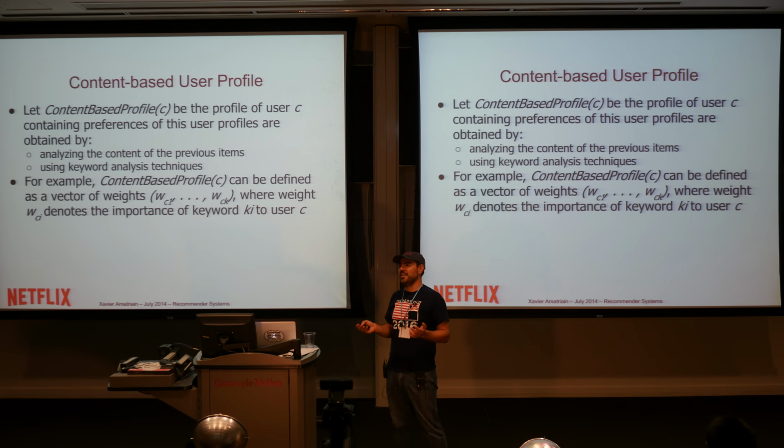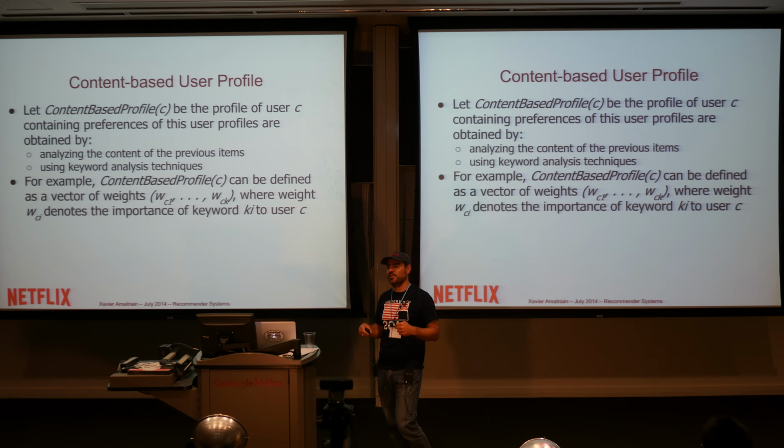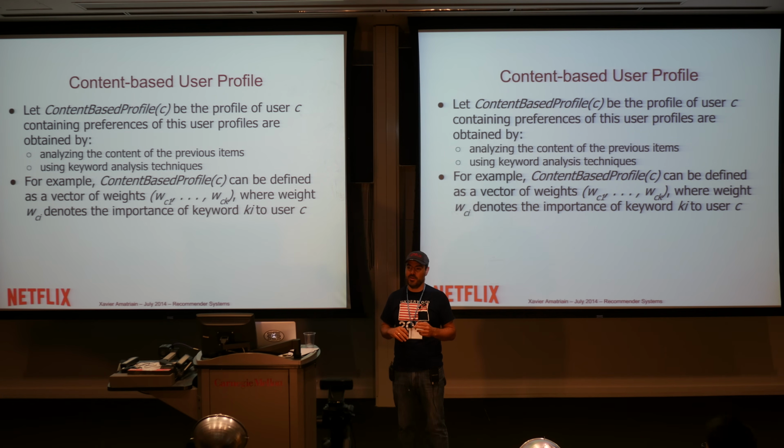So that's the simplest approach to content-based recommendation if I have a textual case. And by the way, if you replace textual by any other kind of signal, you can do a similar thing.